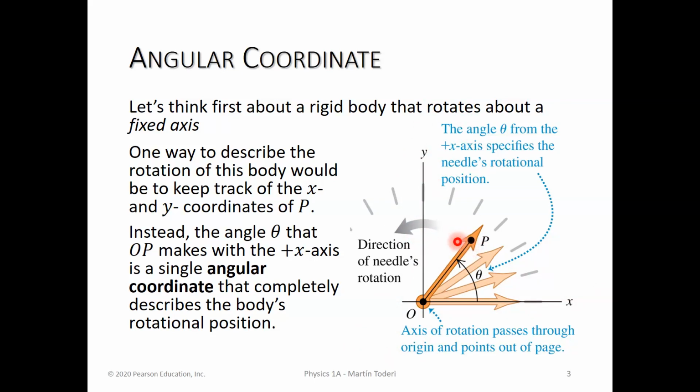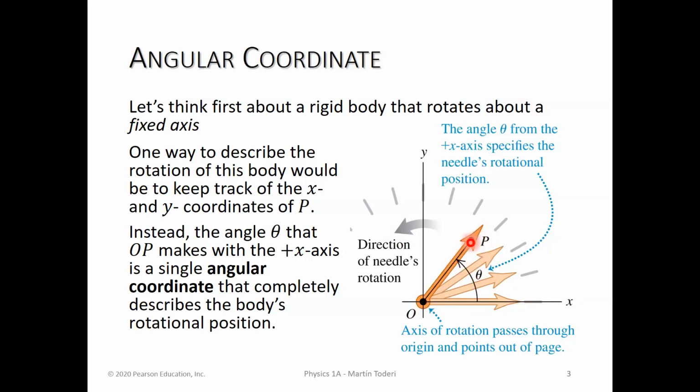And as you can recall from circular motion, it's easier just to establish an angle, right? So we can reduce those two coordinates to just one, which is theta. So theta will let us know without any doubt where the whole body is.